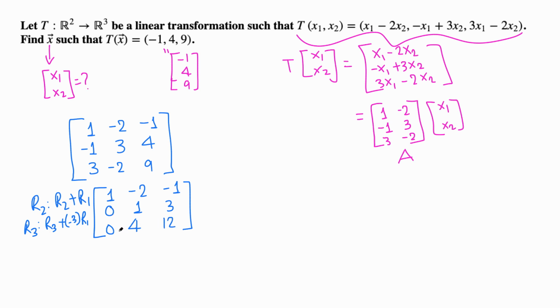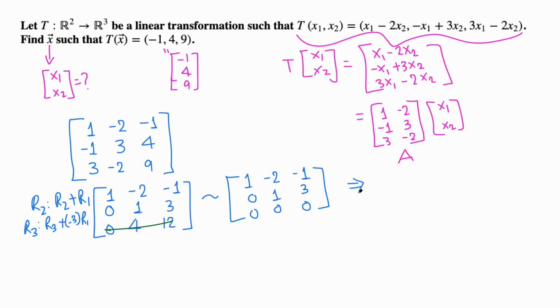In fact, if we get two rows that are multiples of each other, then we can simply change this to all 0. So this is the same as 1, negative 2, negative 1, 0, 1, 3, and we get 0, 0, 0. So this is in row echelon form, with pivots for x1 and x2.